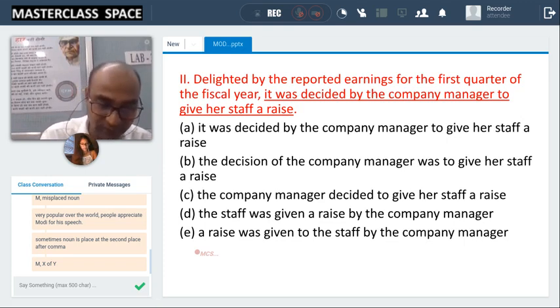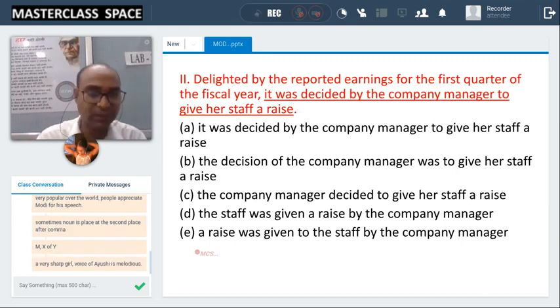Example: a very sharp girl, voice of Ayushi is melodious.